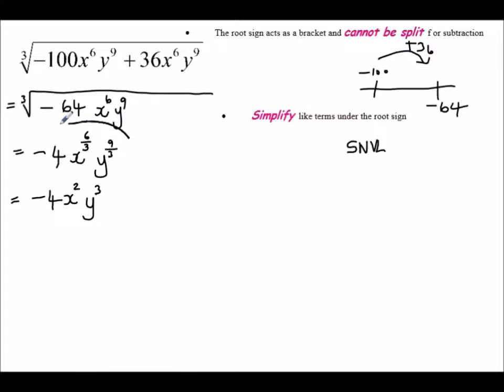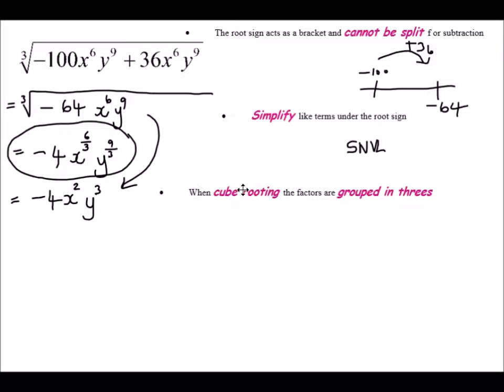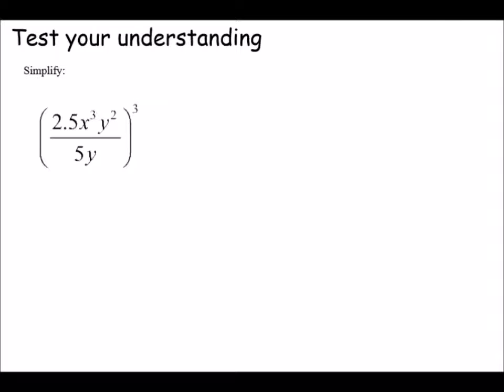Remember, this step you can leave out and go straight from the cube root to your answer. Okay, when cube rooting, the factors are grouped in threes. That's when we talk about the variables. Let's look at the test your understanding.